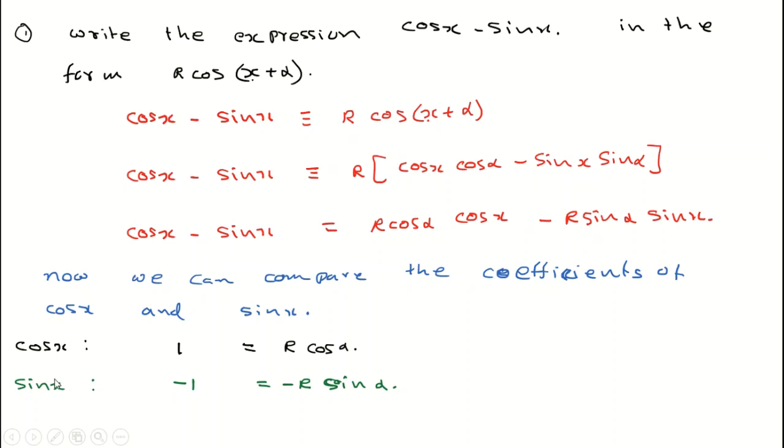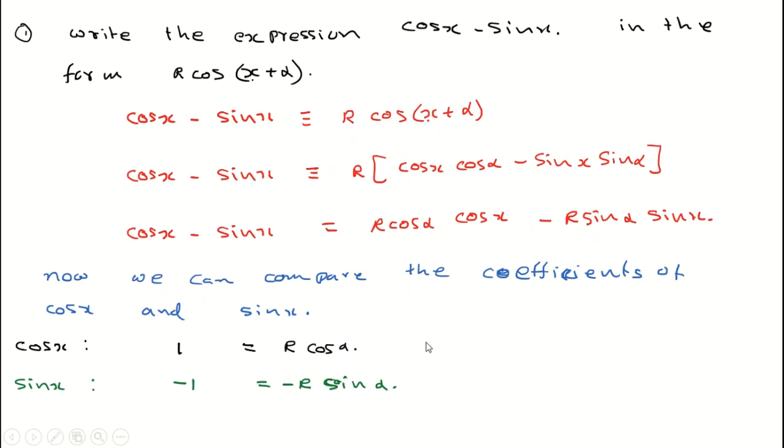When we compare the coefficients of sin x, on the left hand side the coefficient of sin x is minus 1. The term in front of sin x is called the coefficient of sin x. The term in front of sin x on the right hand side is minus r sin alpha. So from that we get minus 1 is equal to minus r sin alpha. That means 1 is equal to r sin alpha when you multiply both sides by a minus.